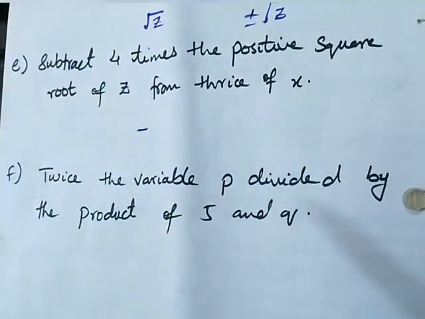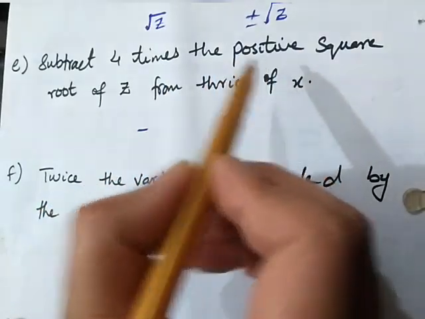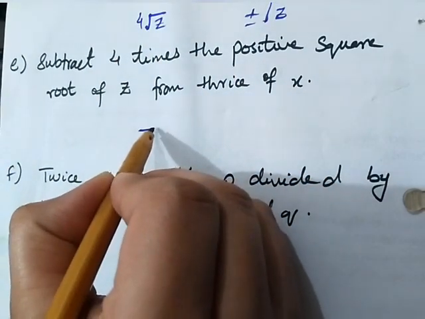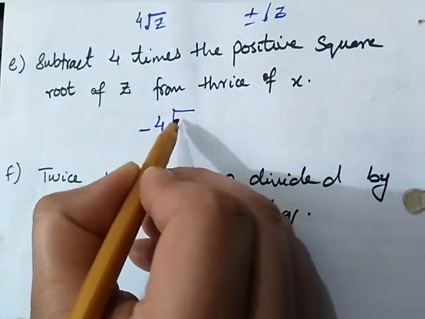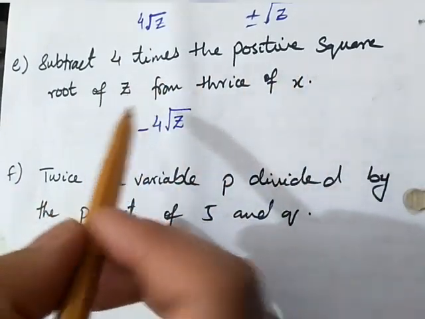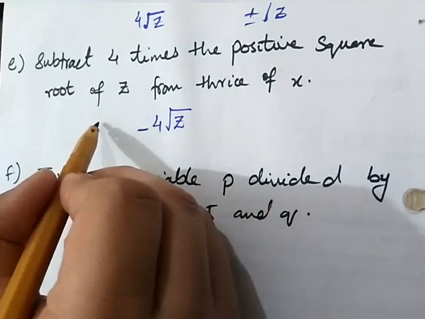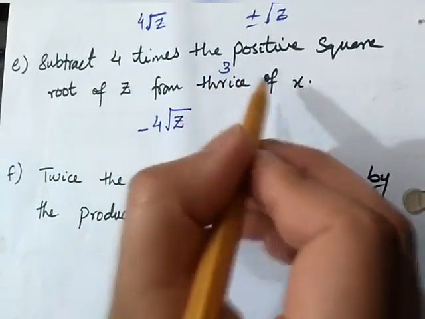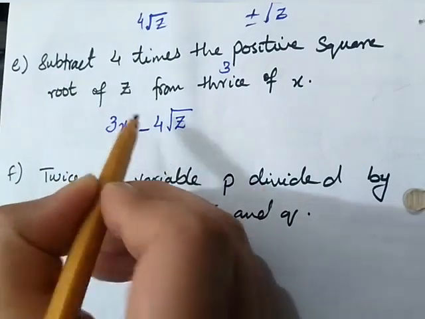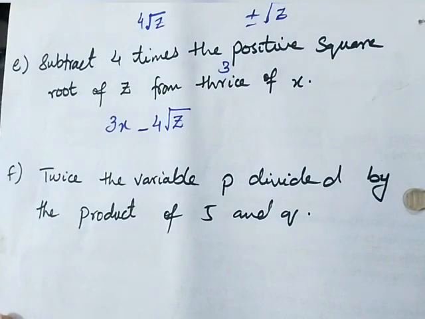That means there will be no negative sign. So 4 times the positive square root means 4 of this root. We have to subtract 4 times the positive square root of z from thrice of x. Thrice means 3 of x.